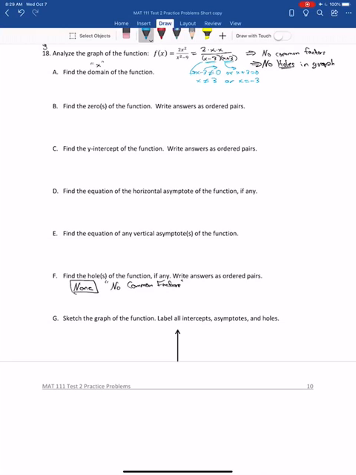So for domain, we were looking at it in interval form. We got negative 3 and 3 as undefined values, which will be the locations of our vertical asymptotes that we'll mention here in a minute. So with that said, let's go ahead and list the domain. We've got negative infinity to negative 3, negative 3 to 3, and then 3 to infinity.